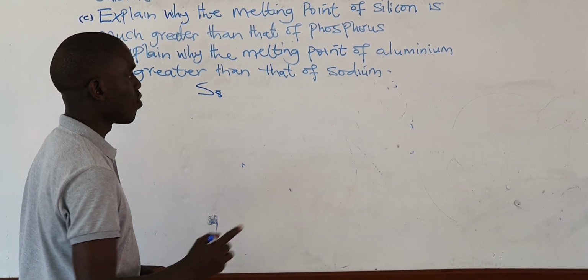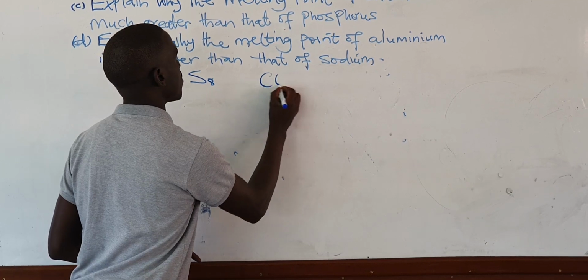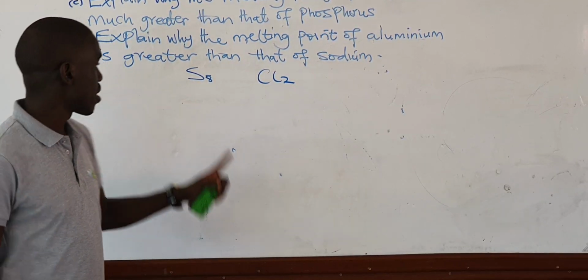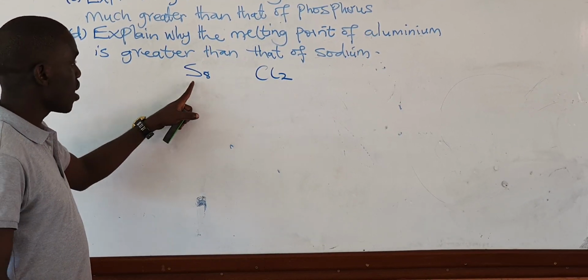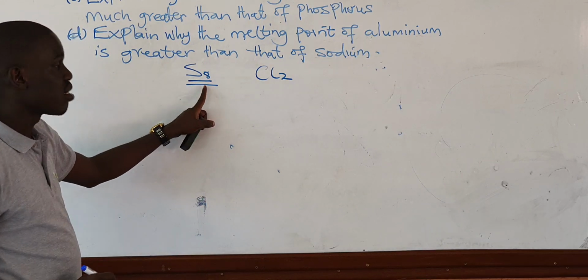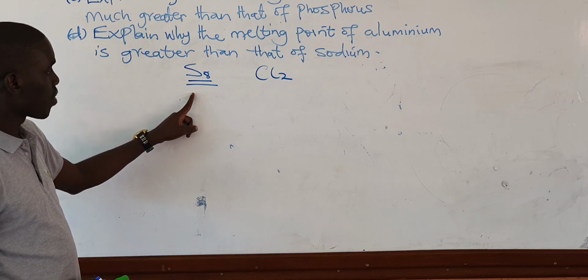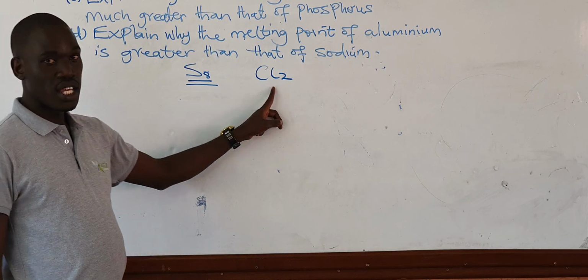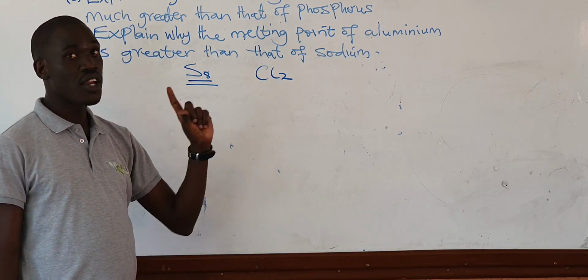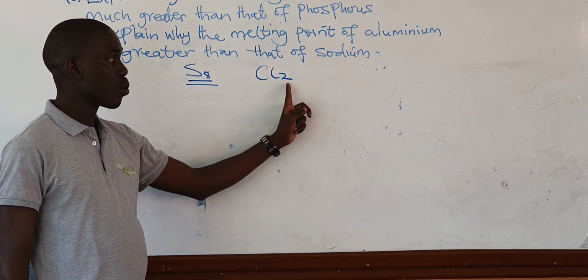And then a molecule of chlorine, we write as Cl2. So here you can see that we have eight atoms in a molecule of sulfur, whereas in chlorine we have 2 atoms in a molecule of chlorine.